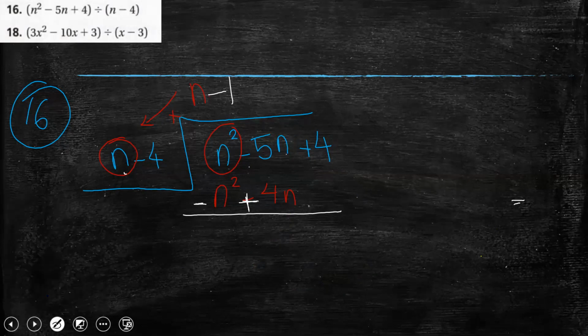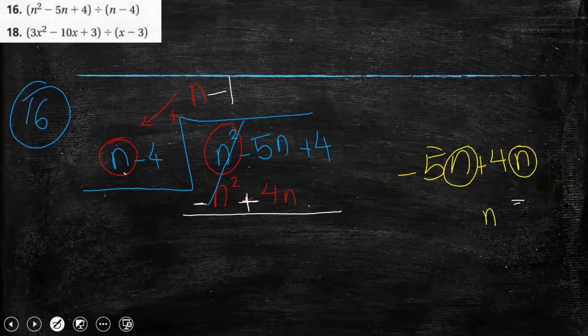Here we said n squared minus n squared, they cancel each other. Then -5n plus 4n. We take one of the n's here, and then we have to add the numbers. -5 plus 4 is -1n, -1 times n.